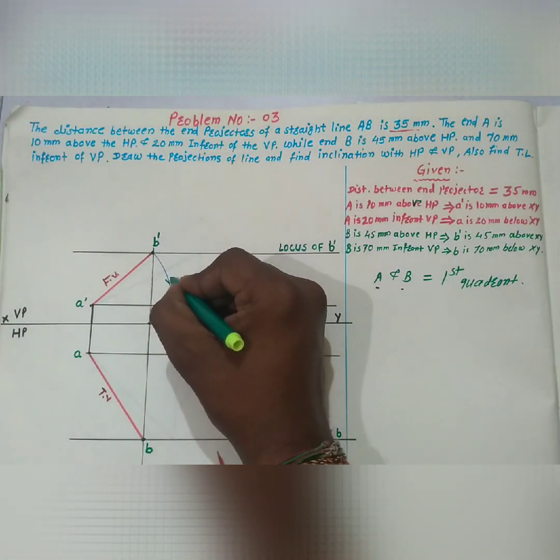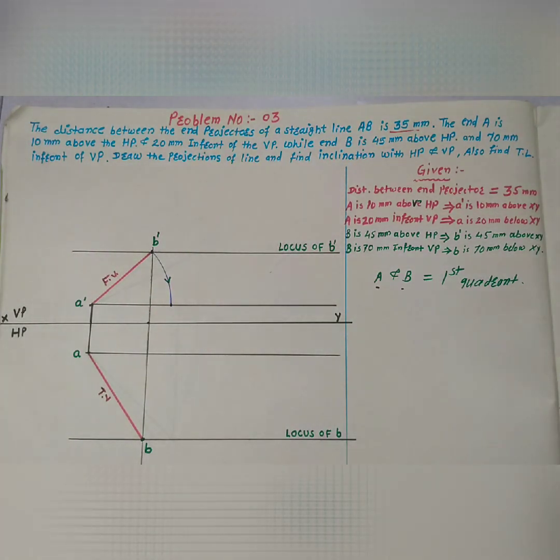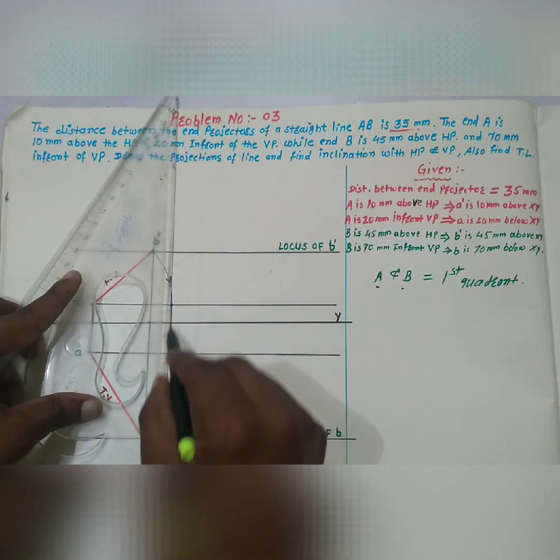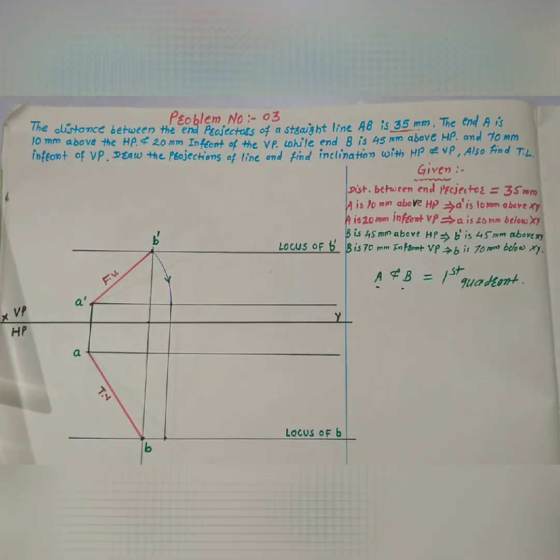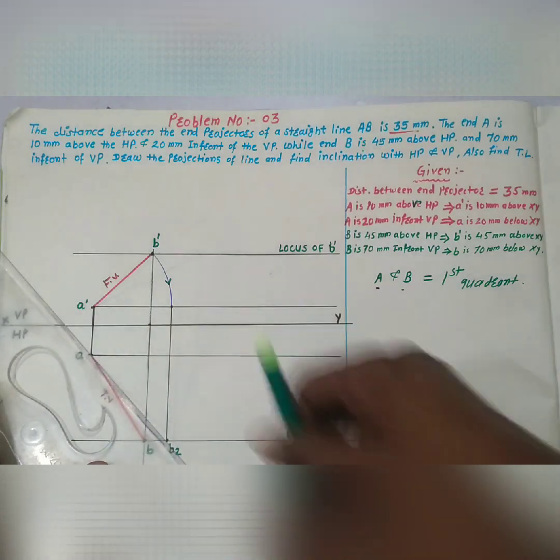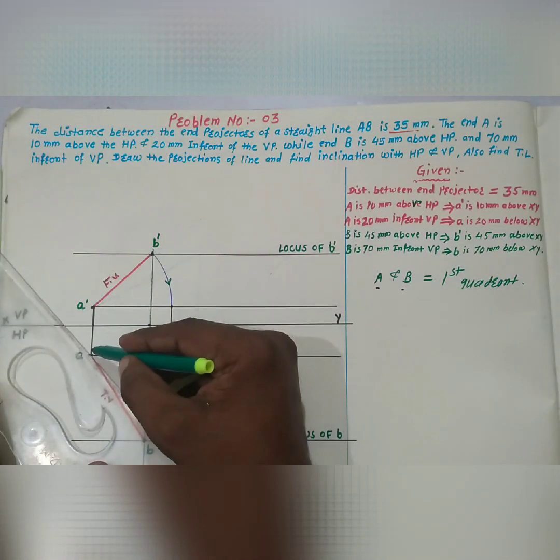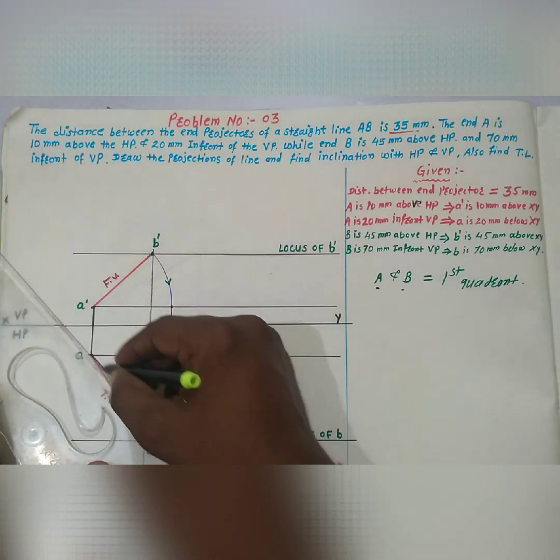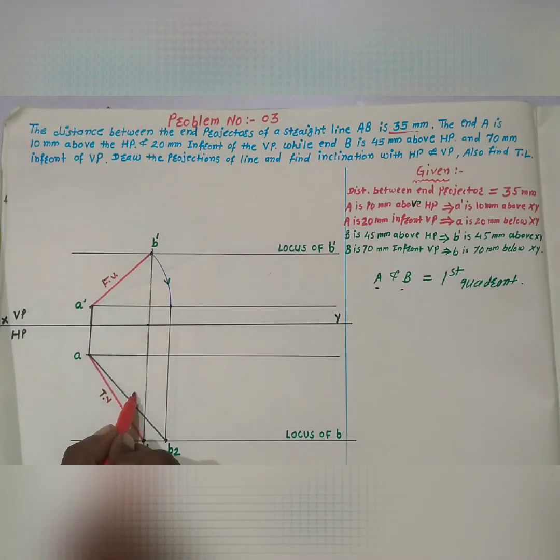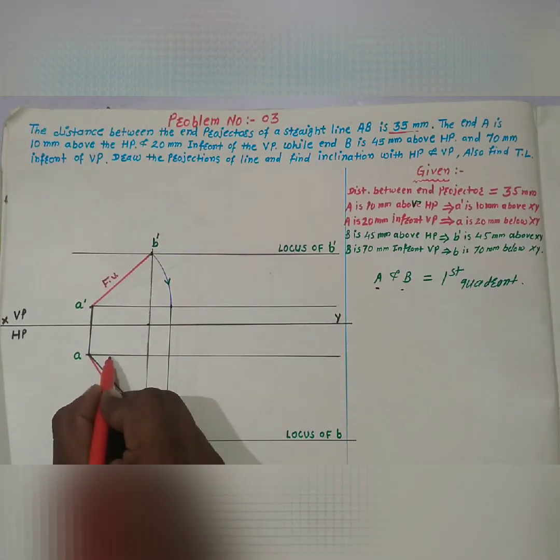Then join this line to the locus of B. This is your B2 point, and when you join these two points, this is your true length, and this is your angle phi.